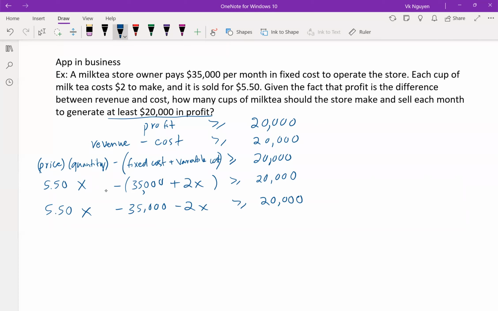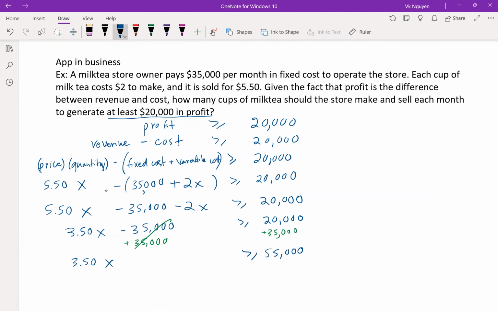Combine like terms: 5.50 minus 2 is 3.50X minus 35,000 greater than or equal to 20,000. Add the 35,000 to the other side. 3.50X greater than or equal to 55,000.